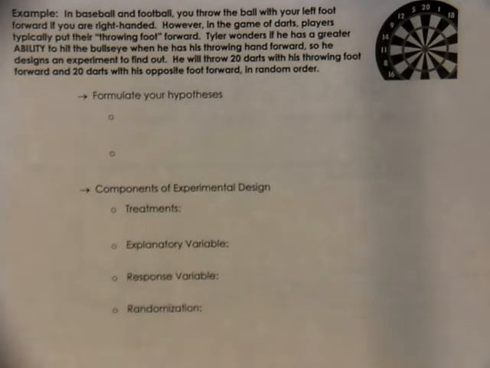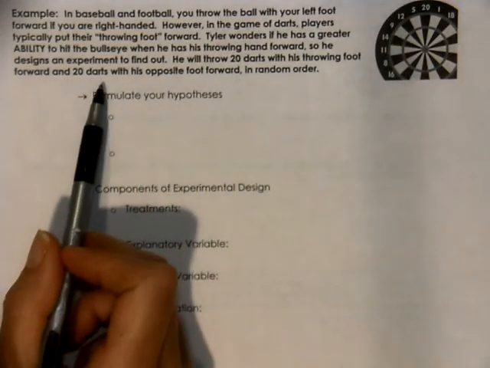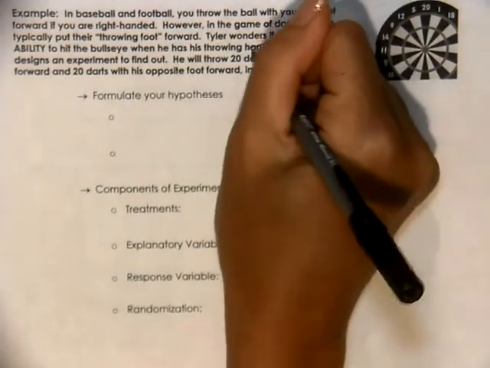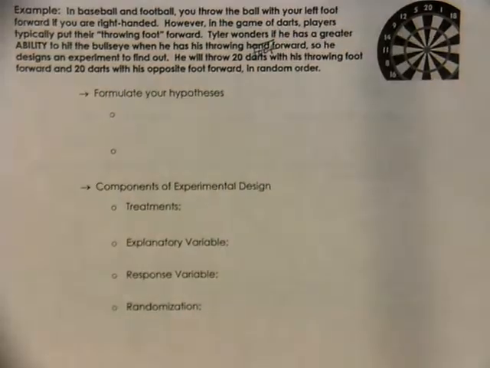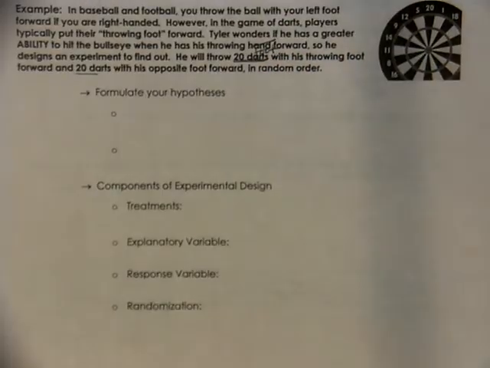Tyler wonders if he has a greater ability to hit the bullseye when he has his throwing foot forward, so he designs an experiment to find out. He will throw 20 darts with his throwing foot forward and 20 darts with his opposite foot forward. I'm sorry, this should be foot. So he's trying to see which foot forward he does better. Okay, so that should be foot.